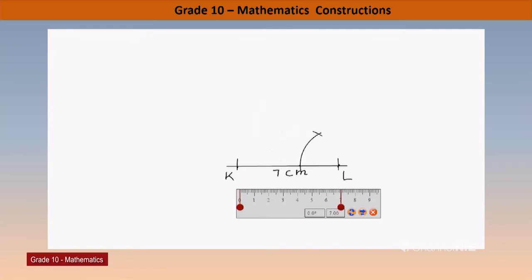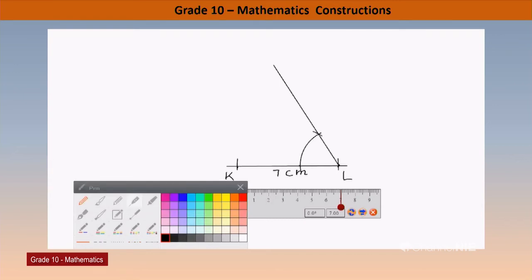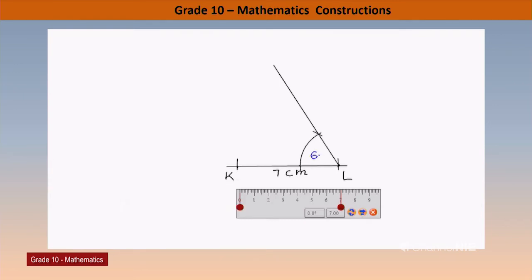Here we found another point, just as earlier we can construct 60. So, this angle KLN is 60 degree.